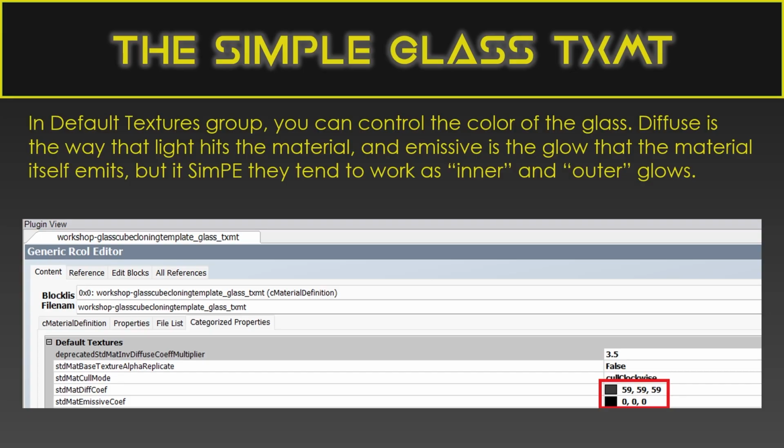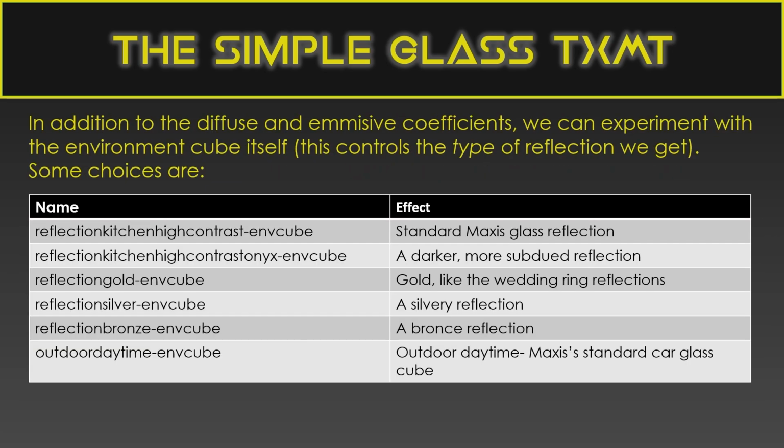And the emissive coefficient is the light or the glow that this material itself emits. But for glass, we can kind of think of these as inner and outer glows. It's a little bit hard to explain, but we will experiment with it when we get to the practical part of the workshop. So in addition to the diffuse and emissive coefficients, we can experiment with the environment cube itself.